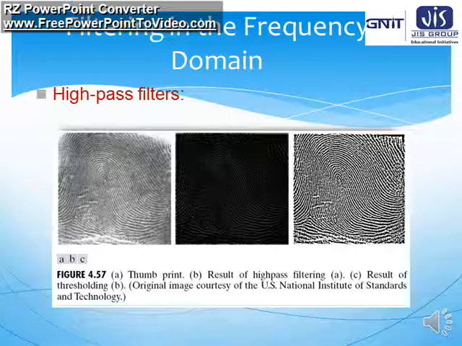After using the high pass filter, if we use thresholding, you can see all the pits and peaks are clearly visible. The quality of the image is far better in the third one. So here we can use a high pass filter and after that thresholding to get a high quality version of the input image.